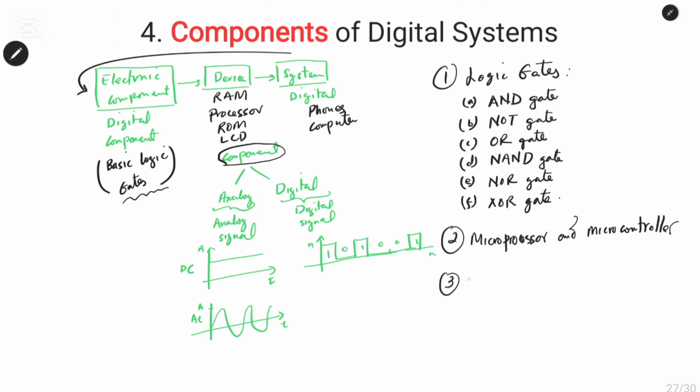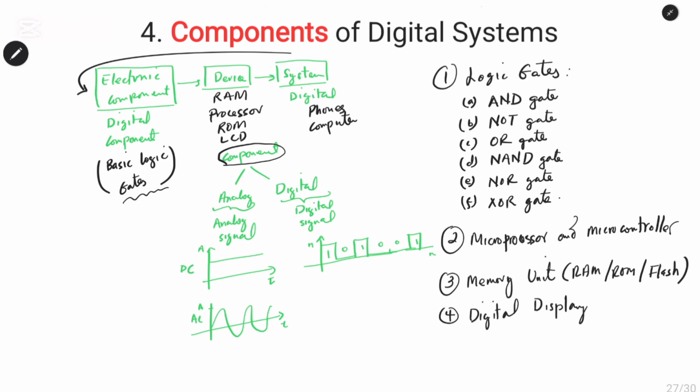And thirdly, we will look at a memory unit, RAM, ROM, maybe flash memory. Those are some of the examples. Stores information in a system, and maybe we can look at some components such as a digital display, and 5 we can say the communication interface.